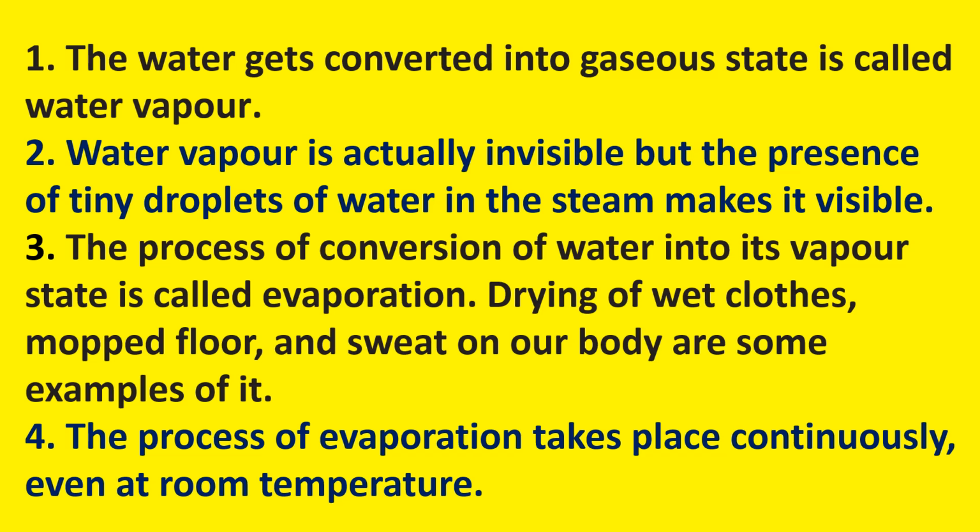When we steam the water, at that time tiny droplets of water are visible, which we can see in the form of water vapor. The process of conversion of water into its vapor state is called evaporation.